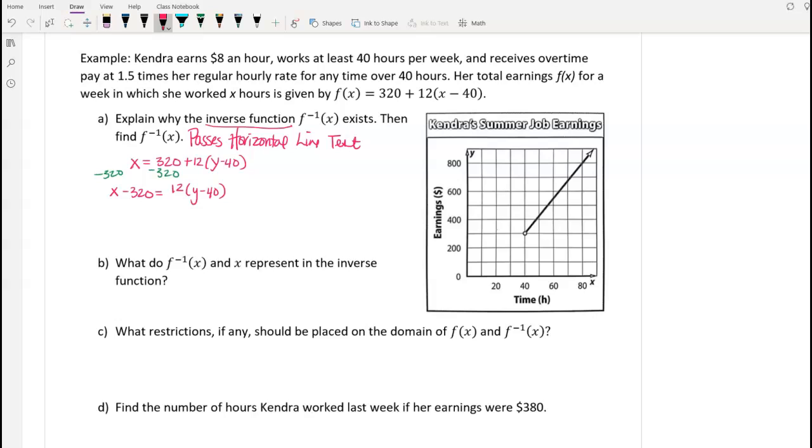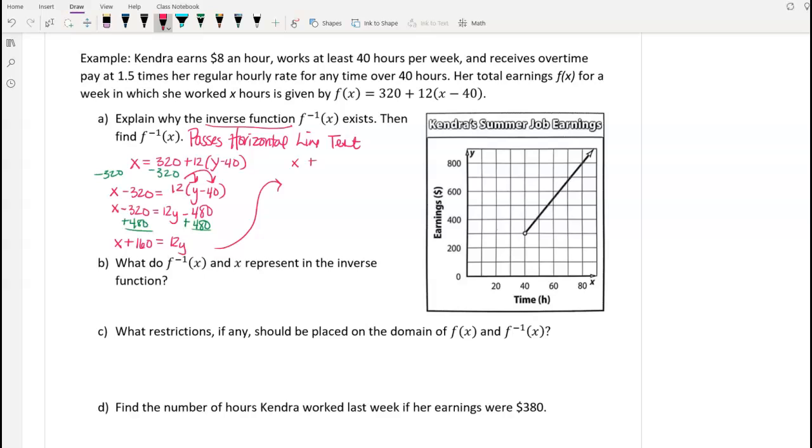If I'm trying to get this y by itself, let's distribute that 12. So now I have x minus 320 equals 12y minus 480. Next, we're going to add 480 to both sides. So now I have x plus 160 equals 12y.